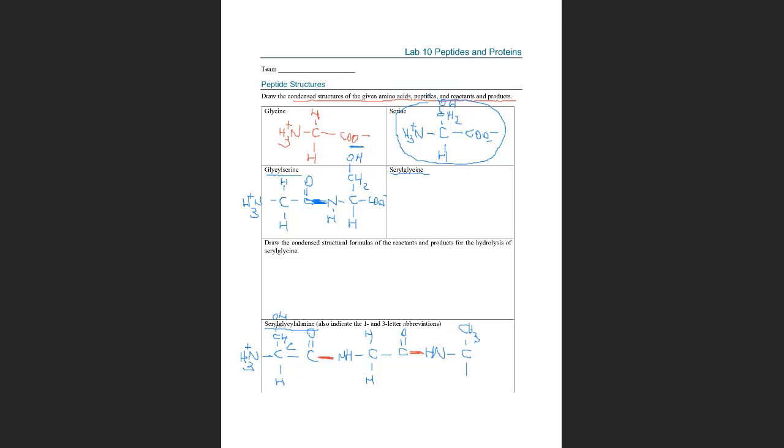And you have the 20 basic amino acids. Very good. So this is the serylglycylalanine.